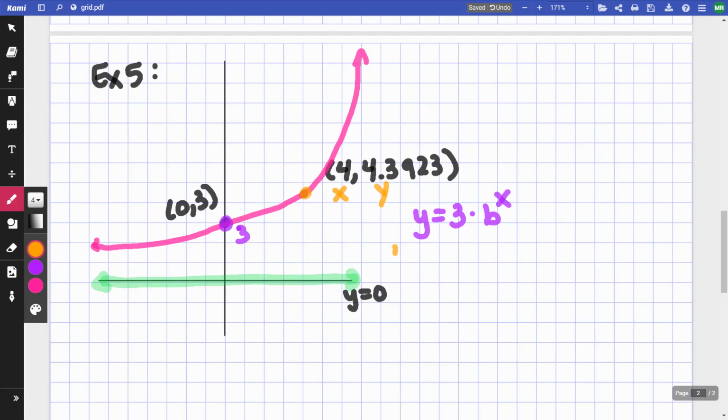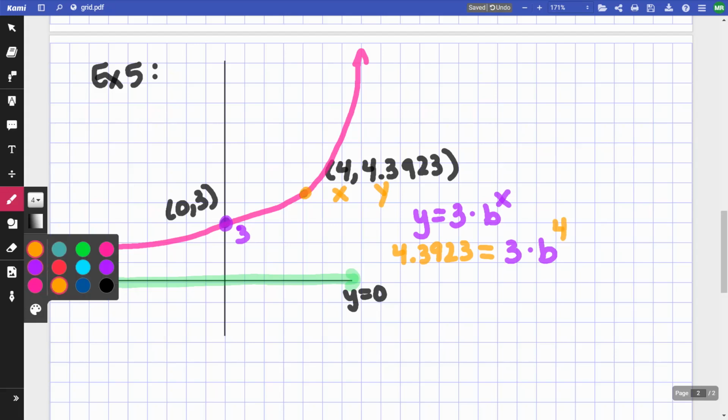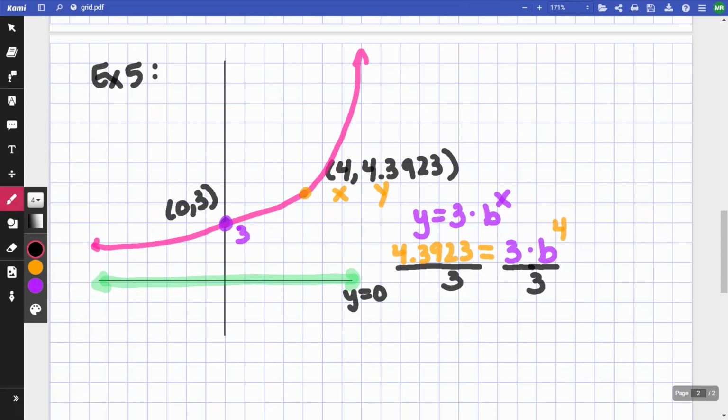So 4.3923 is equal to 3 times b to the power x, and my x is 4. I'm going to divide both sides by 3.